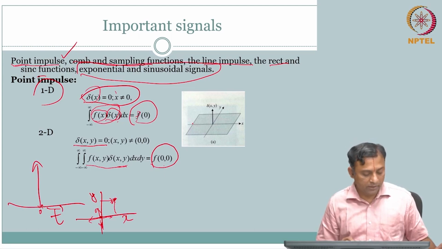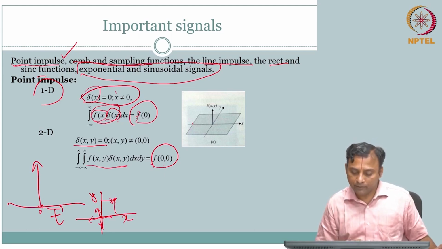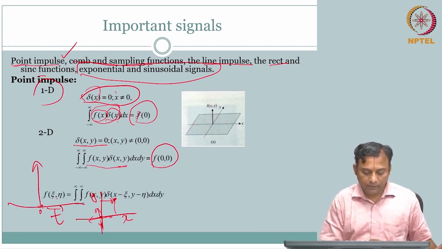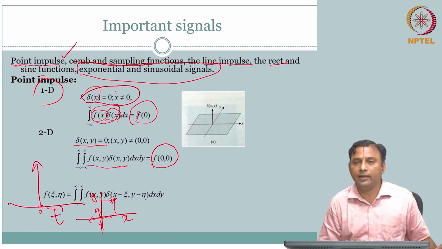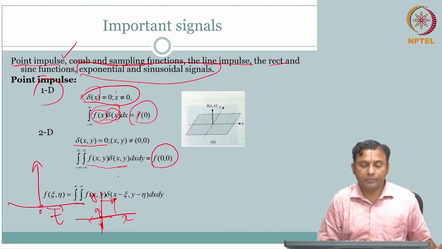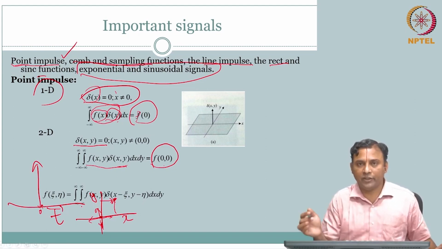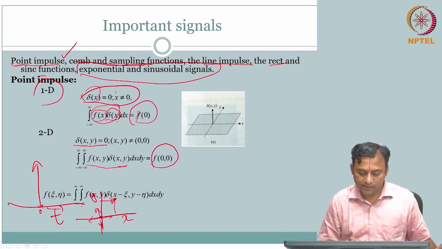Now if I shift it by some epsilon comma eta, then your delta function becomes x minus epsilon, y minus eta. Recall the definition of the point impulse. The function f of x comma y exists over the space, but my delta function exists only when its argument is 0.